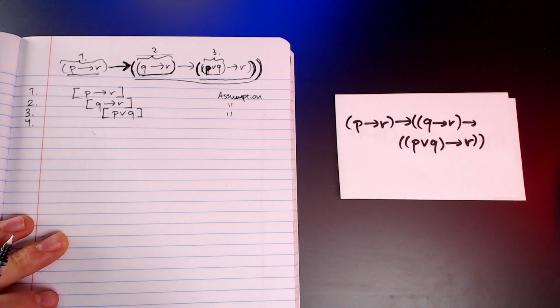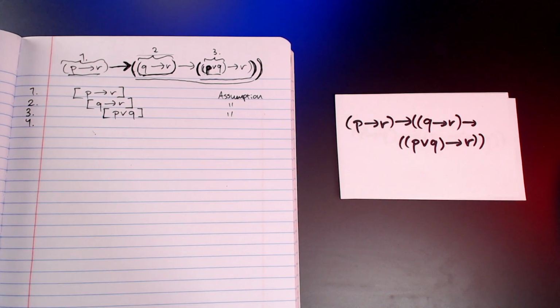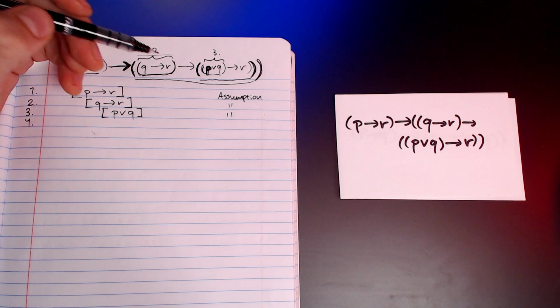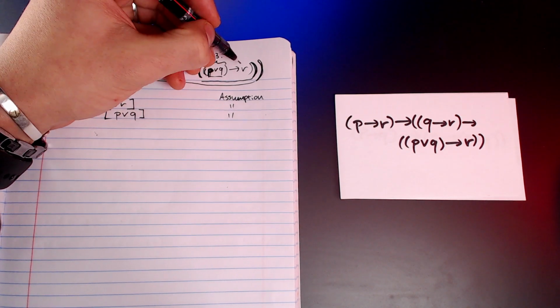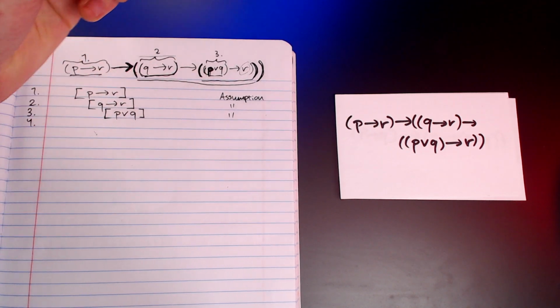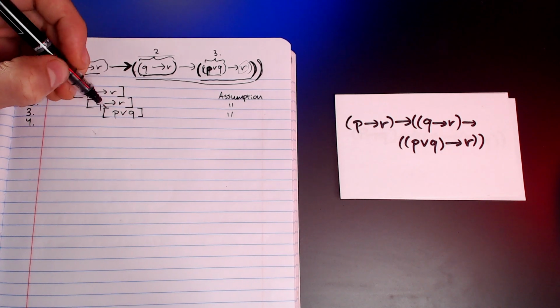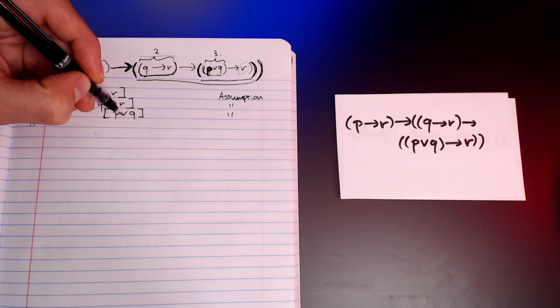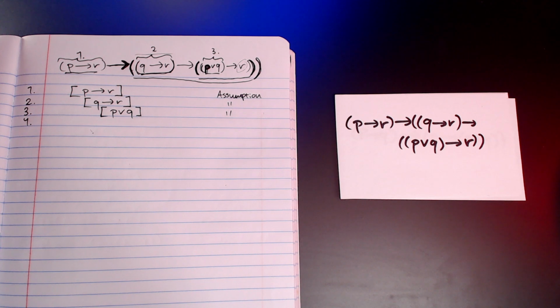Okay. Now, going backwards, we want to get this. So we can say that P or Q is true, and we want to get R.